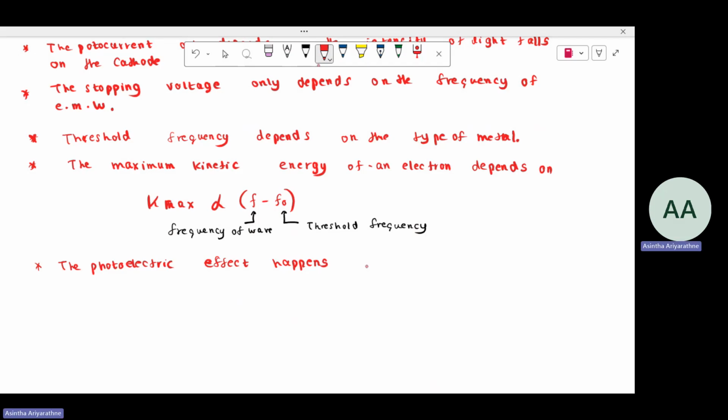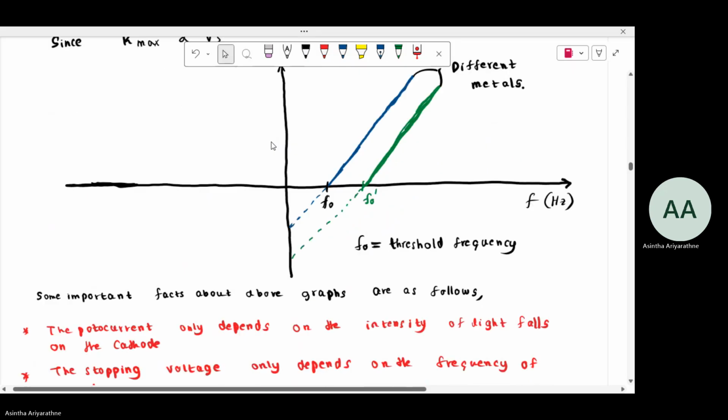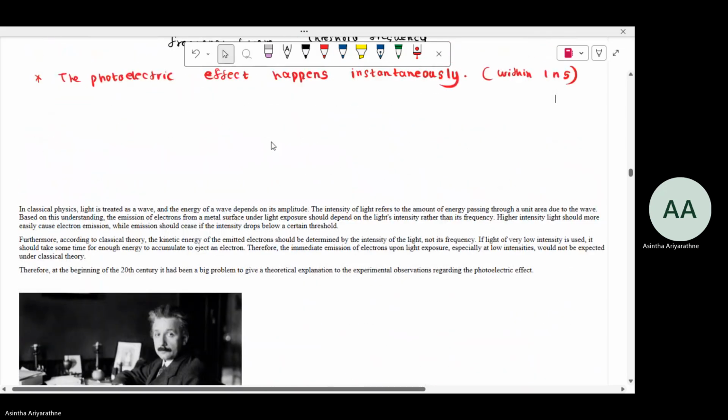The photoelectric effect happens instantaneously, within 1 nanosecond. It's an instantaneous process.